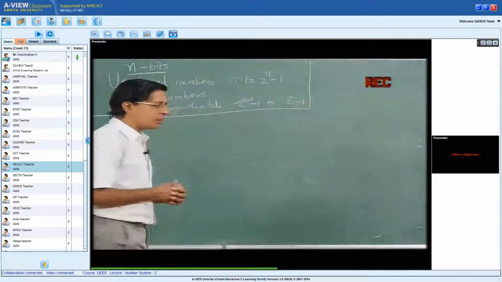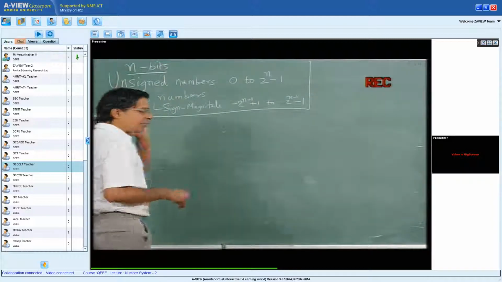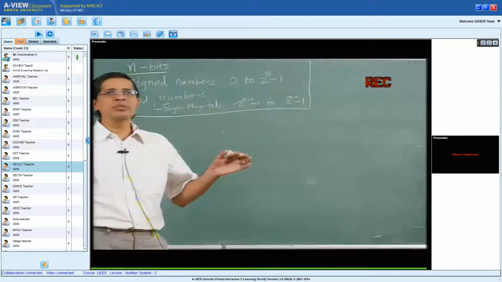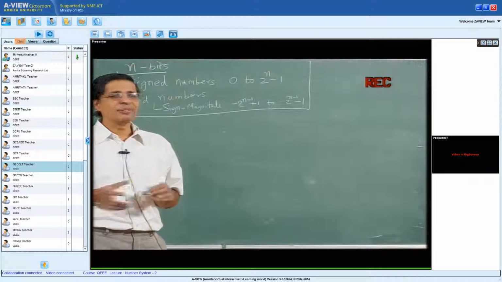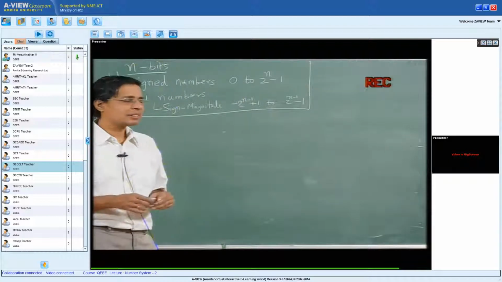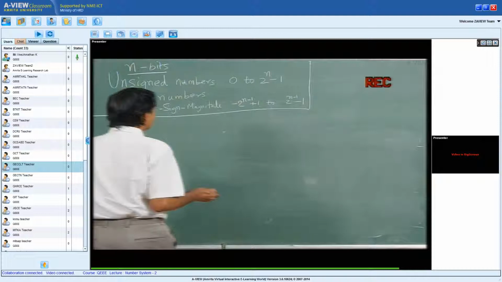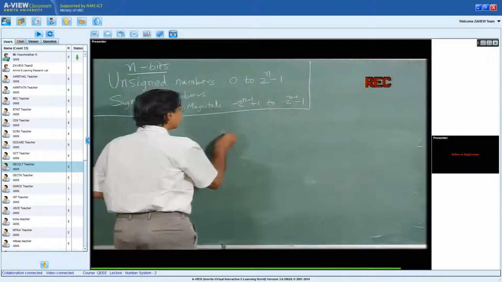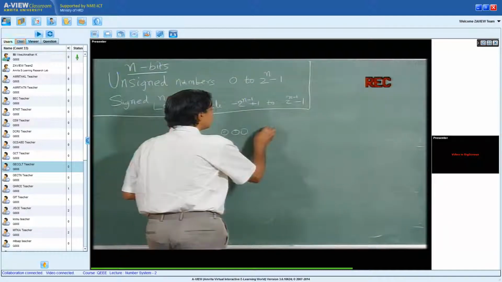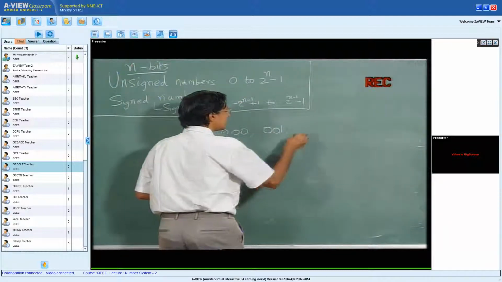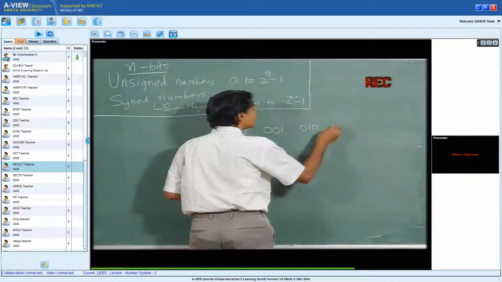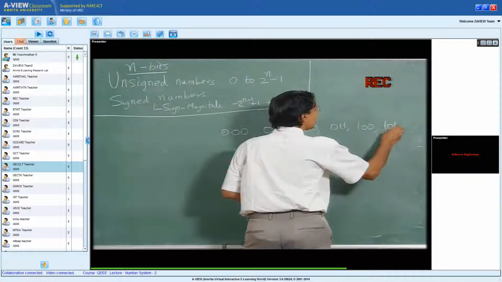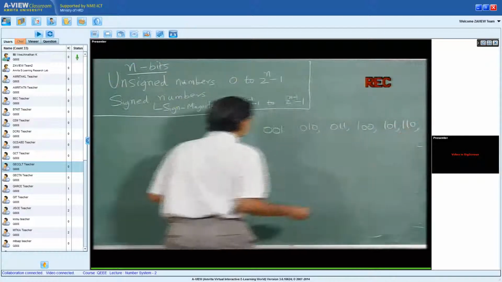Okay. So let us say, first and foremost, please understand that we cannot represent infinity in a computer. We have a finite representation. So let us take this. If I have 3 bits and you start counting 0 0 0, then it will become 0 0 1, 0 1 0, 0 1 1, 1 0 0, 1 0 1, 1 1 0, 1 1 1.